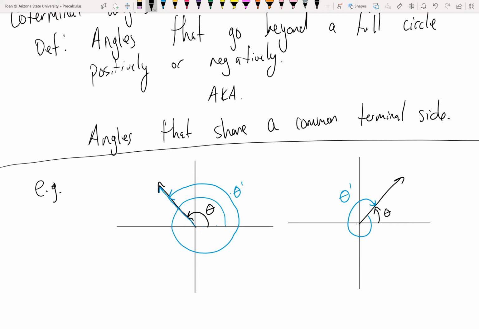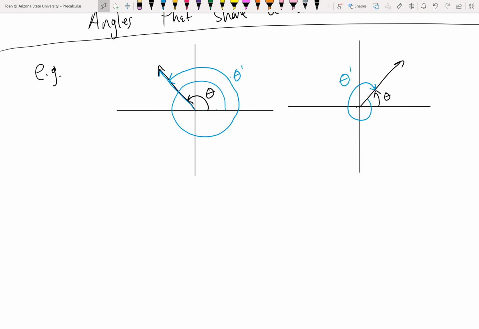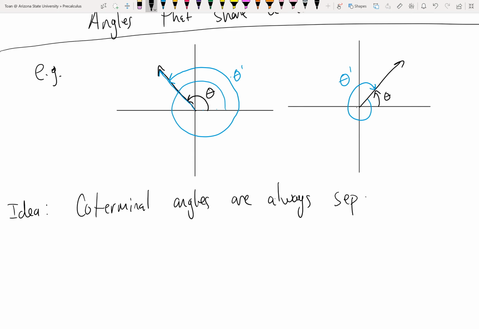Now, the idea of finding coterminal angles is super duper easy. All right, let's have ideas. Just straight up idea. Coterminal angles are always separated by multiples of full circles.